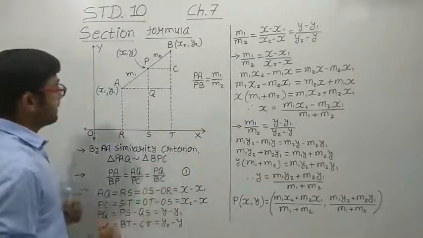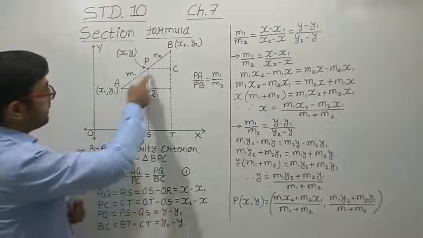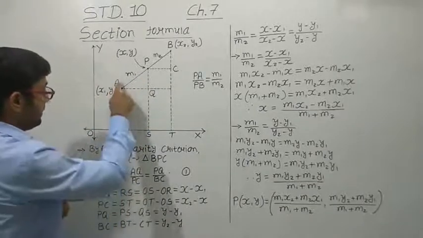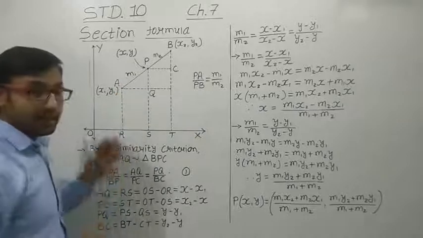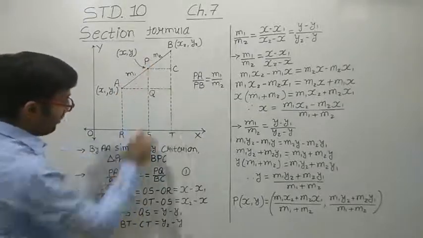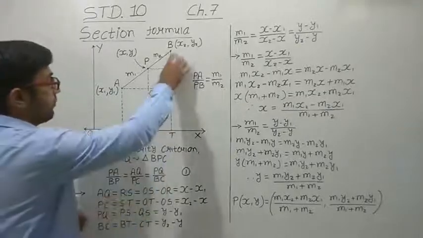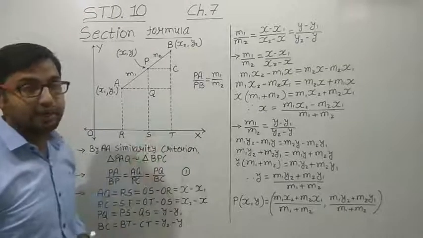Let us start by drawing perpendicular lines from the points A, P and B. When we draw the perpendicular line to the x-axis from point A, that line will be AR. From point P we draw a perpendicular line segment, that is PS, and from point B we draw a perpendicular line segment, that is BT.